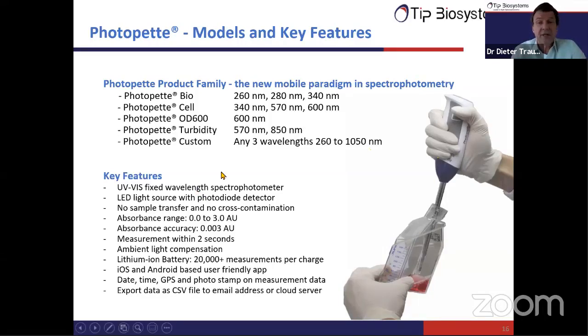And we have some very interesting customer applications where we built specific instruments for them for algae farming and for the galvanic industry, nickel plating. We can build an instrument that measures nickel or copper in such a galvanic bath, and so on.